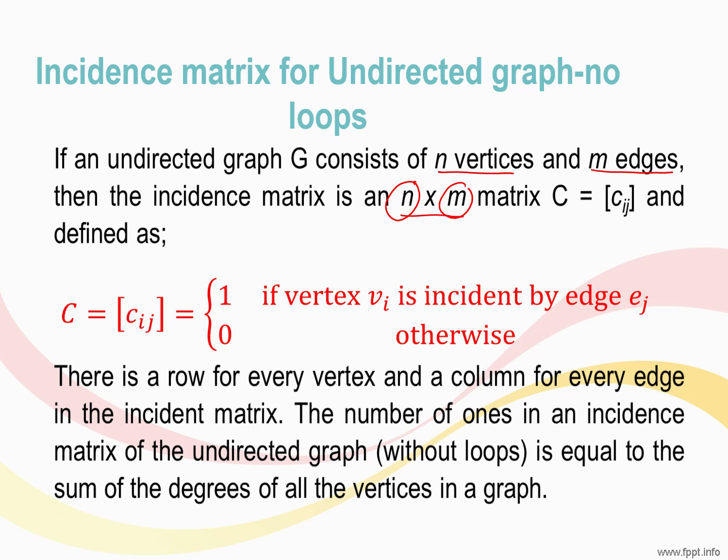Consider that the incident matrix is represented by C, where the element Cij equals either 1 or 0. It equals 1 if vertex Vi is incident by the edge Ej, and it equals 0 if vertex Vi is not incident by the edge Ej.